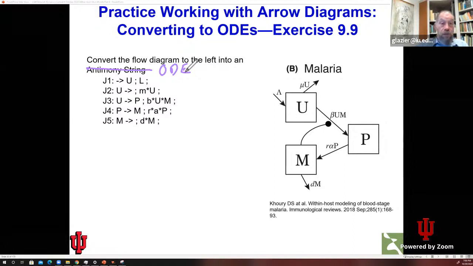You'll note that you'll have 3 ODEs, 1 for each species. So in this case, the ODEs are a little more compact than the arrow diagram.